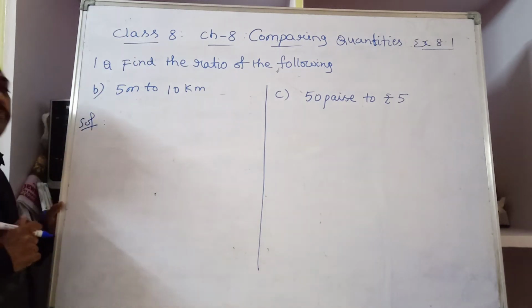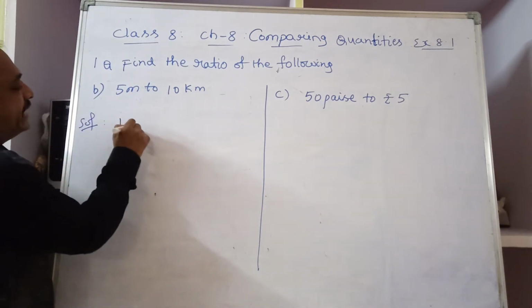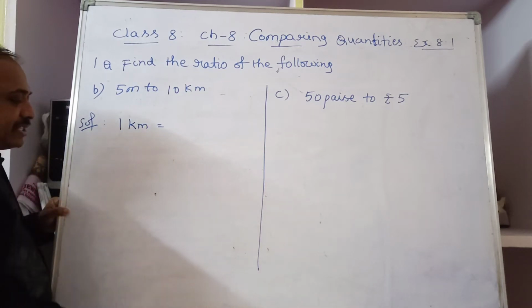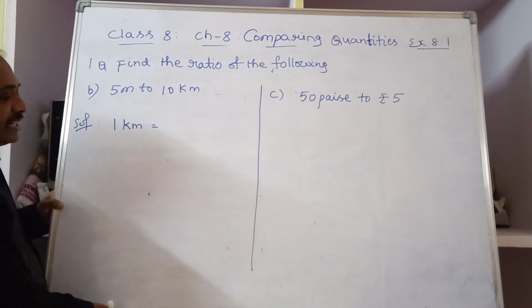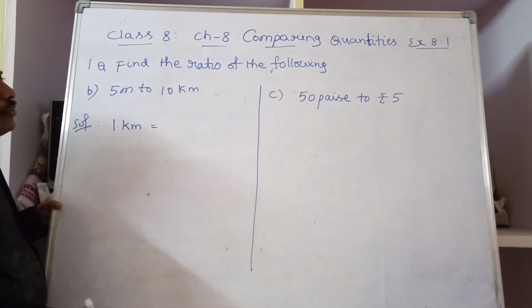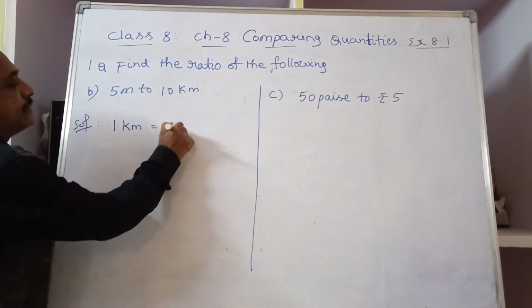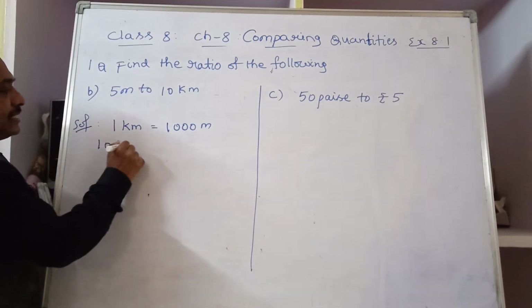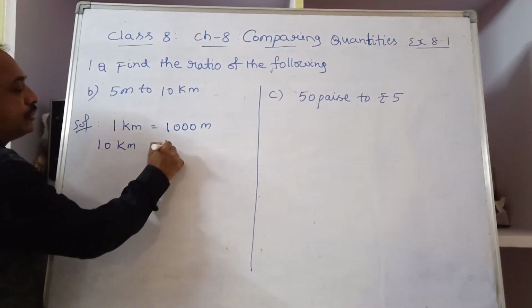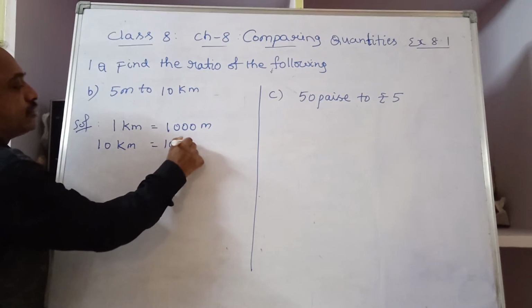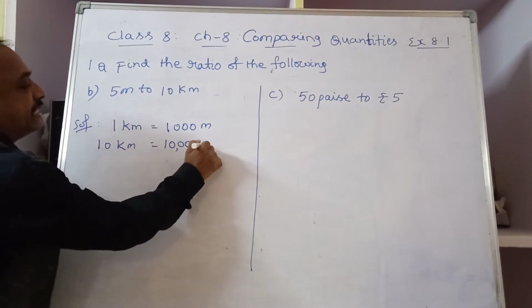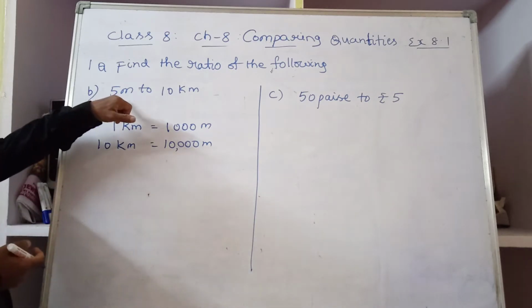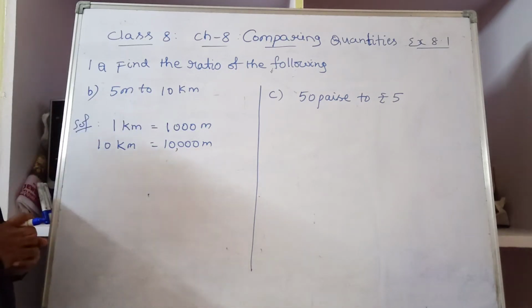We convert kilometers into meters. 1 kilometer is equal to how much? 1000 meters. 10 kilometers is equal to 10,000 meters. Now the ratio between 5 meters and 10,000 meters.